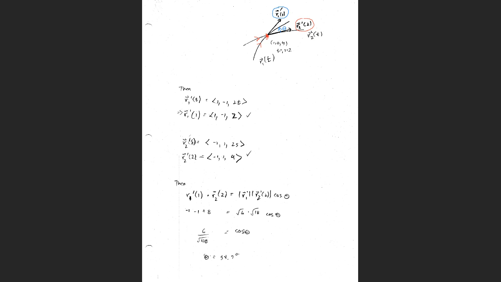Okay, because those tangent vectors would be tangent to the space curves at the point 1, 0, 4, because at that point, that's when t equals 1 and s equals 2.